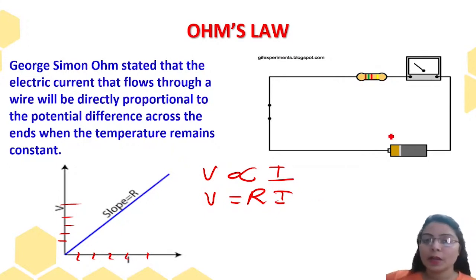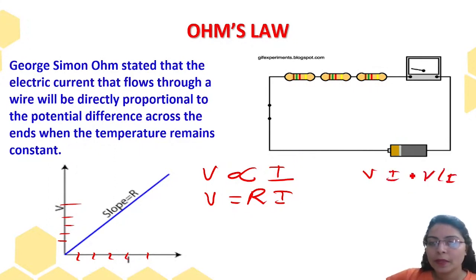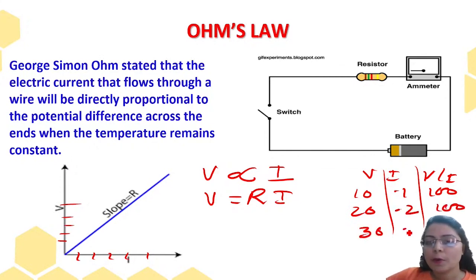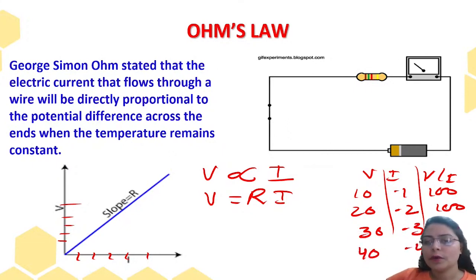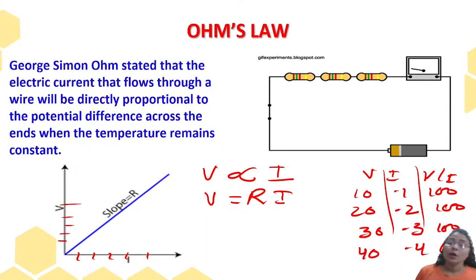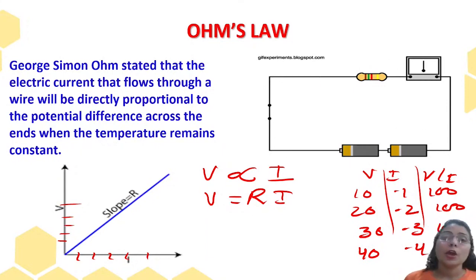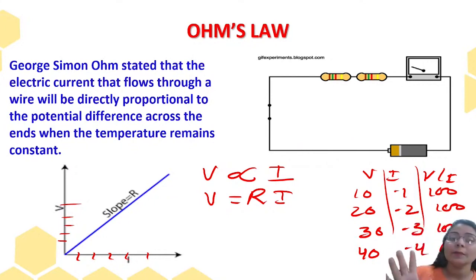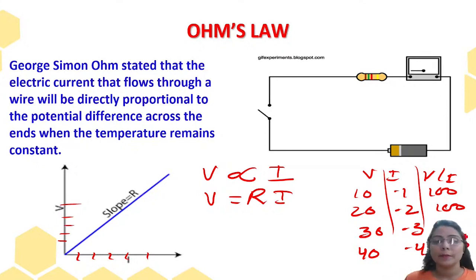As you have seen, whatever values we got for V, I, and V upon I, like 10 upon 0.1 is 100, then 20 upon 0.2, 100, then 30 upon 0.3, 100, 40 upon 0.4, 100. They noticed that whatever the variation in voltage and in current, they vary directly proportionally.